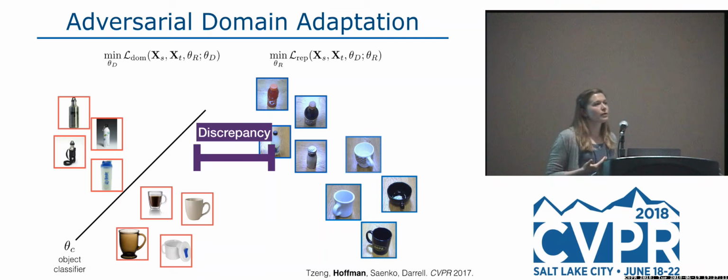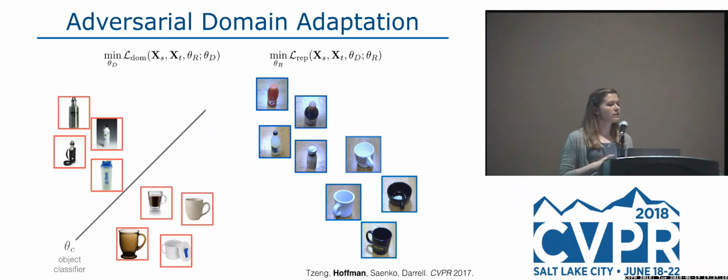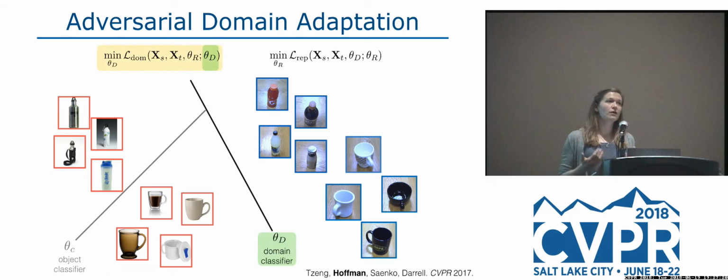So we're going to directly optimize against this happening. The way that we do that is we start by approximating how far apart they are, and we do this, again, by training the domain classifier.